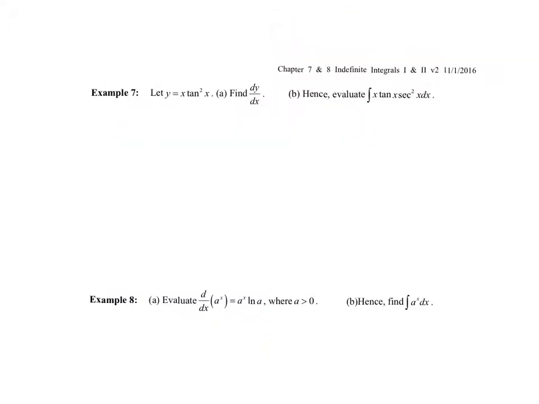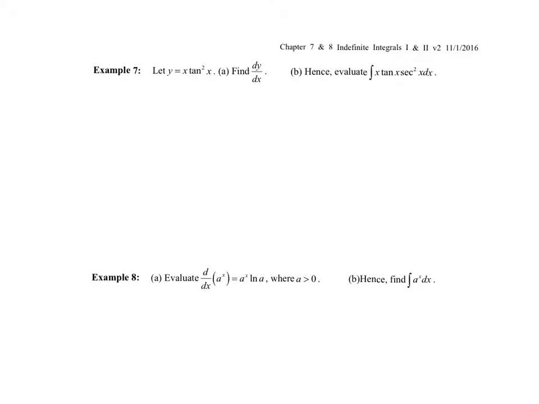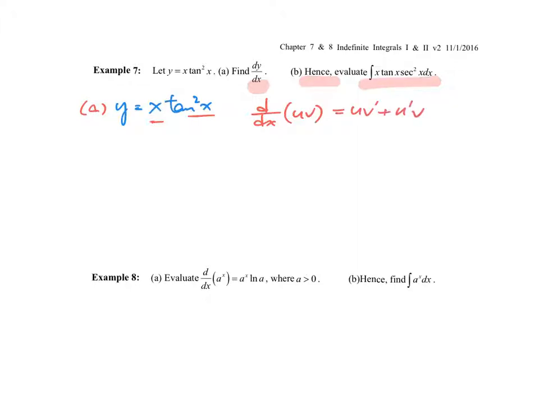Similar things can be found in examples 7 and 8, so let's read them one by one. Once again, you have to find dy/dx first, followed by integrating with the result of (a). Let's take a look at part (a) first. y would be x sec tangent squared x, which means it's about the product rule, definitely. In the product rule, if you remember, differentiating uv is u v dash plus u dash v.